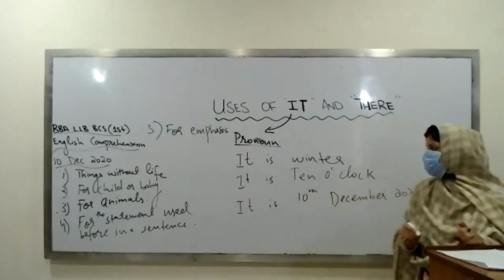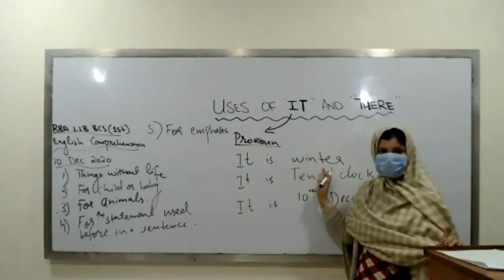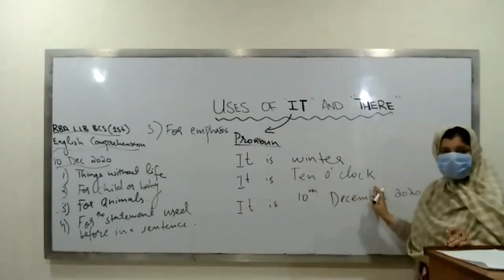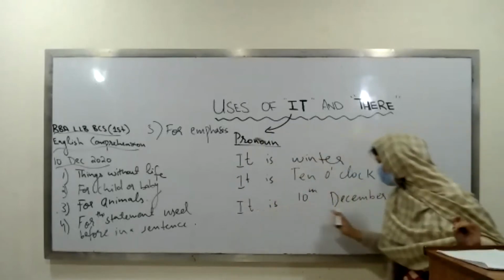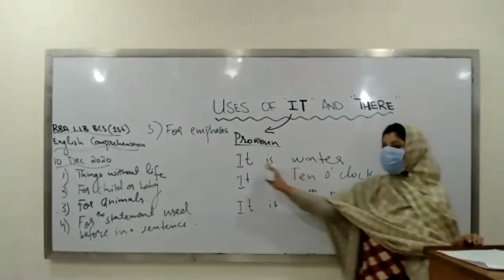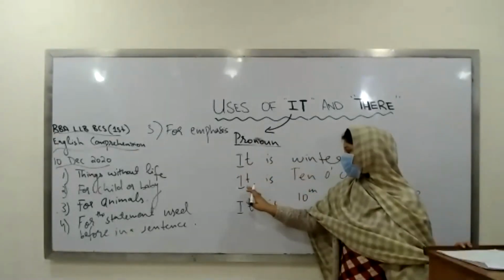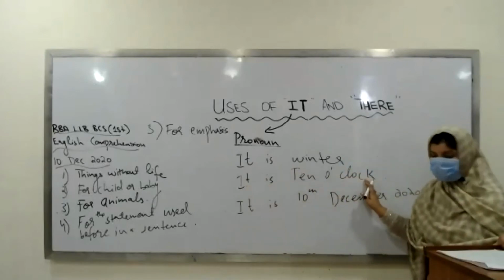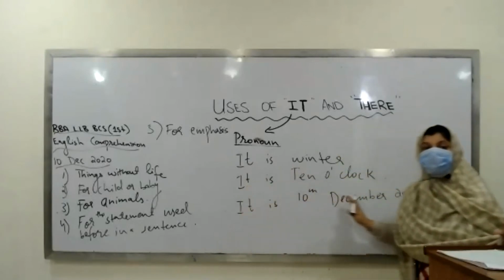Okay, the next example is it is winter, it is 10 o'clock, it is 10th December. Now here what I did, I have used it for weather, climate, I have used it for time, I have used it for date.